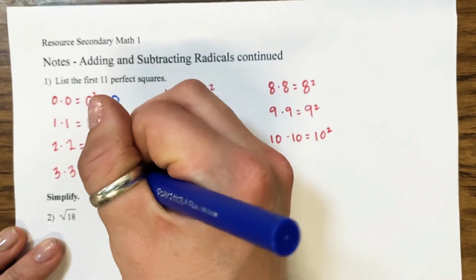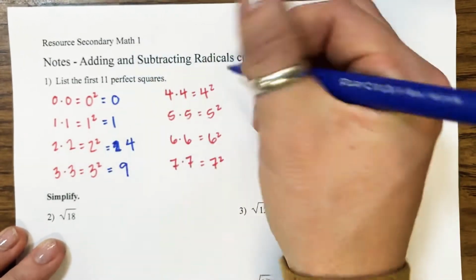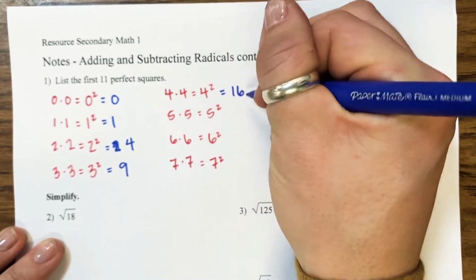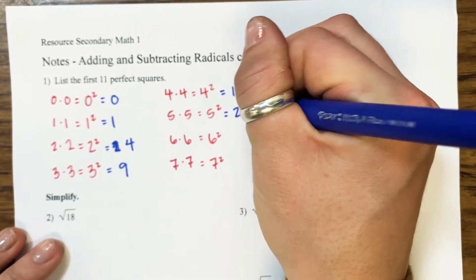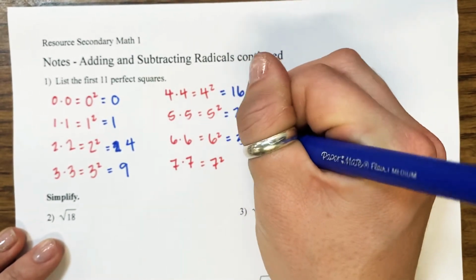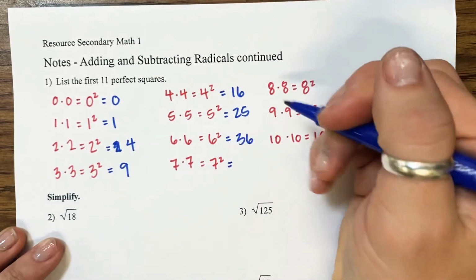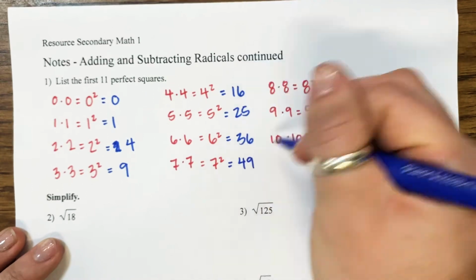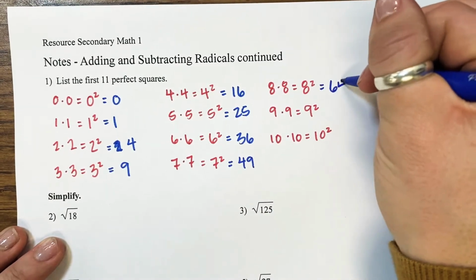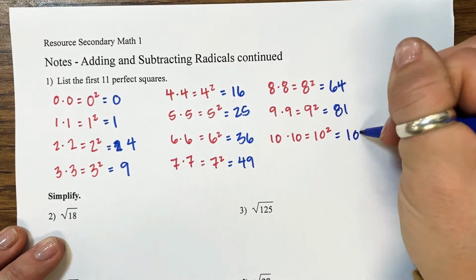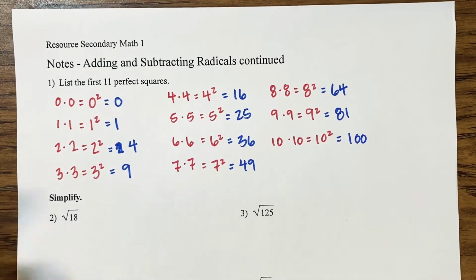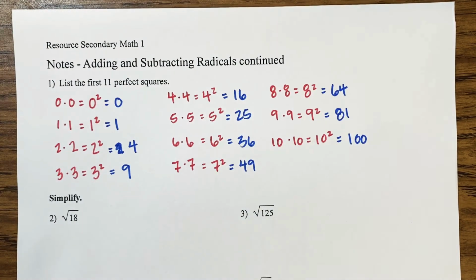Is 4. 3 times 3, 9. 4 times 4, 16. 5 times 5, 25. 6 times 6, 36. 7 times 7, 49. 8 times 8, 64. 9 times 9, 81. And 10 times 10 is 100. Okay, awesome. So these numbers in blue are really going to help us.